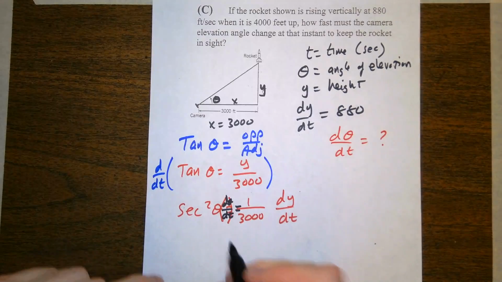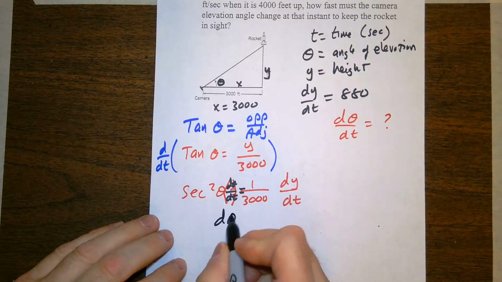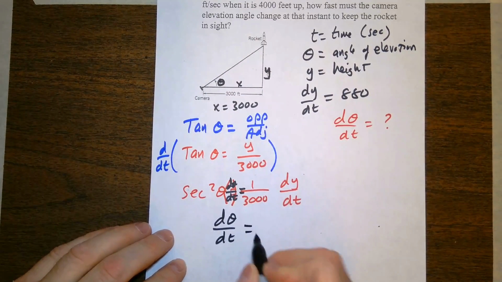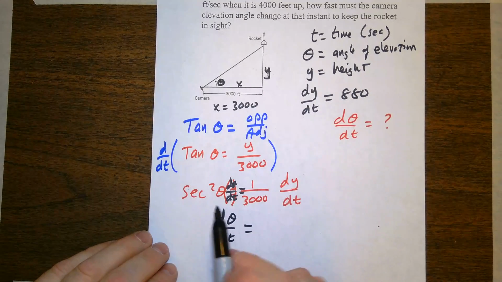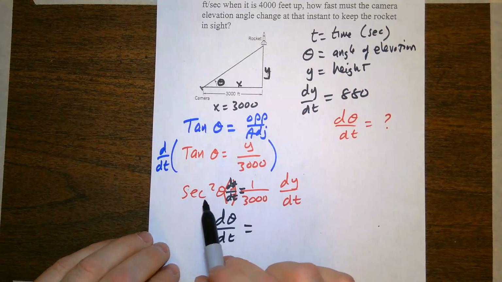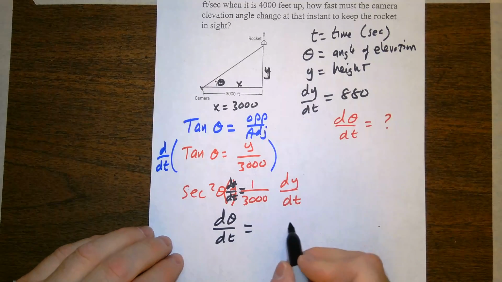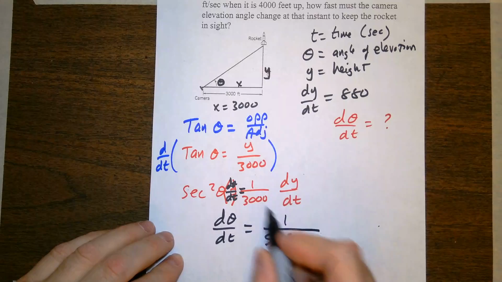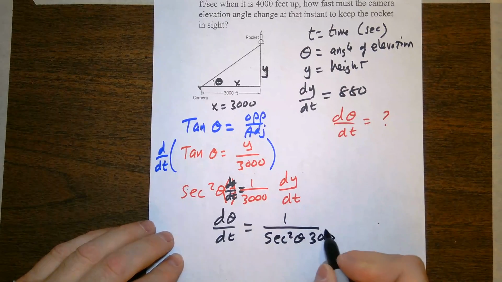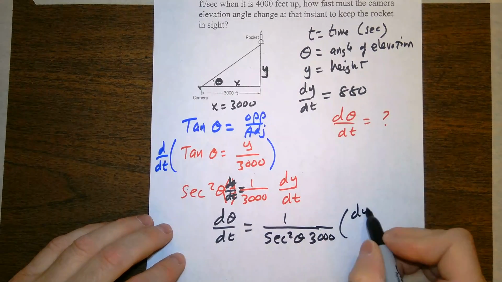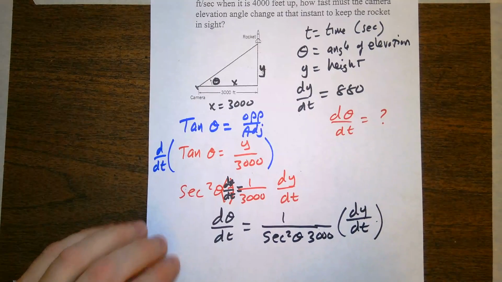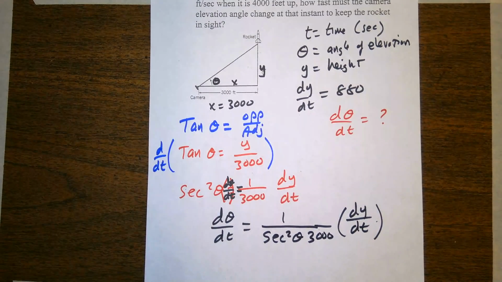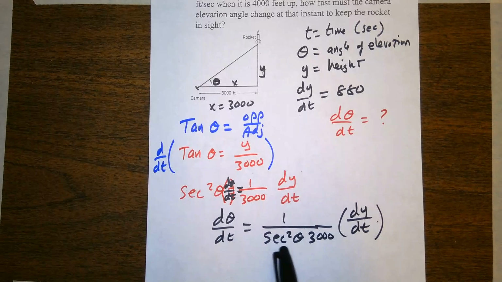Oh, it's got a little messy. I'm sorry. Here, let's clean it up. d theta/dt is going to equal, now I'm going to divide both sides by secant squared. So I'm going to have 1 over secant squared theta times 3,000 times dy/dt. Now, believe it or not, we've got our answer here. I think I could simplify this. 1 over secant squared, we have a formula for that, don't we?